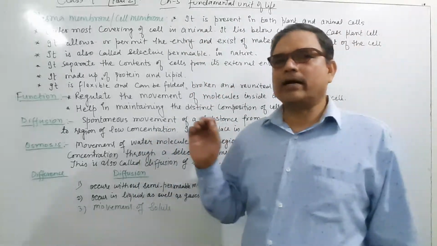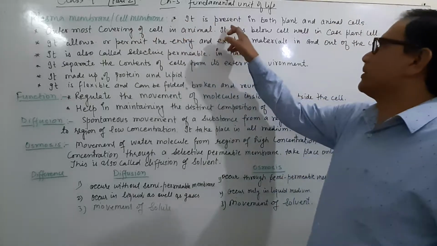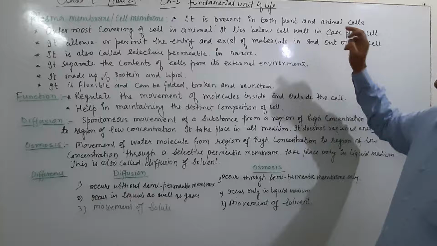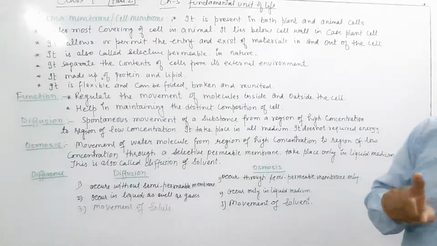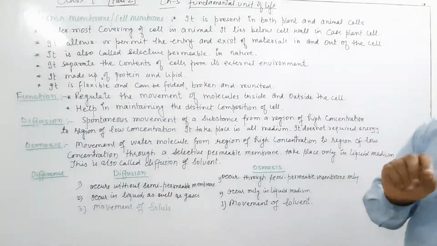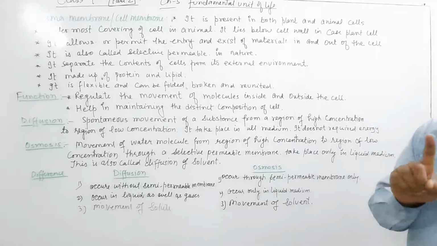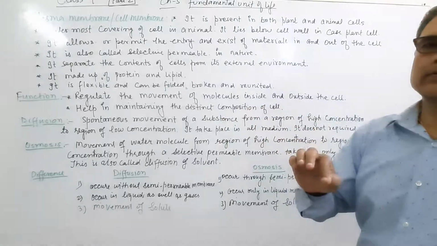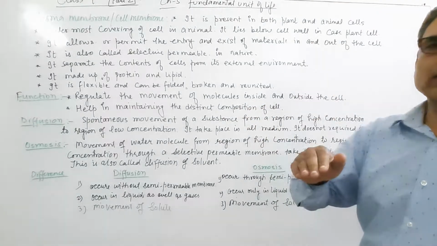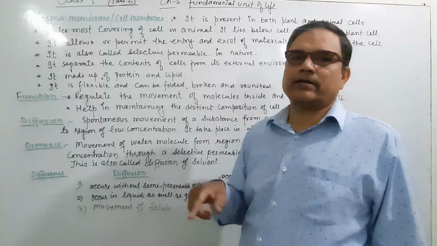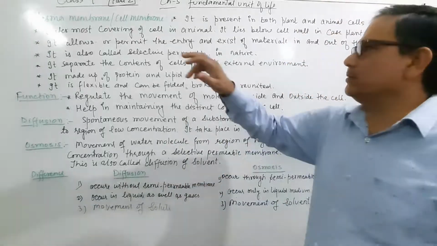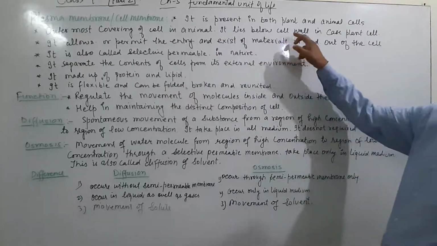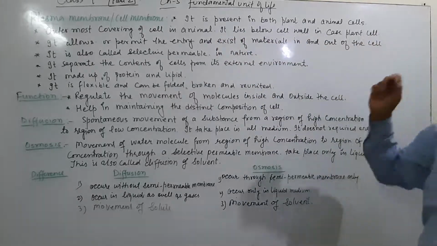So it is present in both plant and animal cells, but in the animal cell it is the outermost layer, whereas in the plant cell it lies below the cell wall.